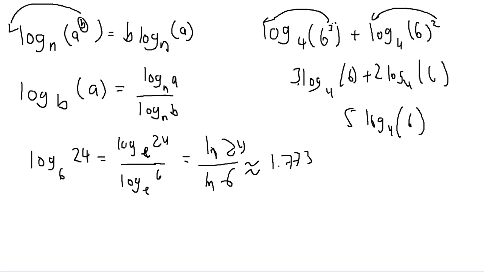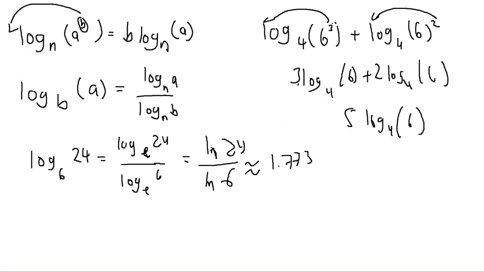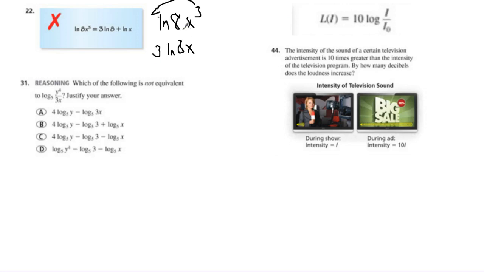So, let's do some practice problems. Okay, 22. Why is this wrong? Natural log of 8x cubed, or ln of 8x cubed, is equal to 3 ln of 8 plus ln of x. Okay, let's do this. ln of 8x cubed is 3 ln 8x, because we've established by this rule that we can just bring it over. 3 ln of 8x.